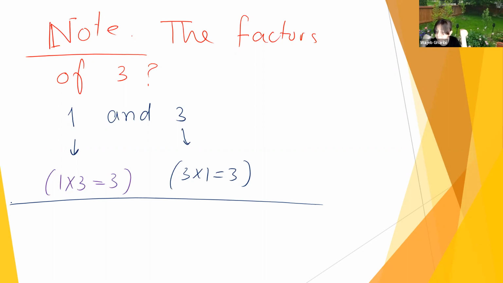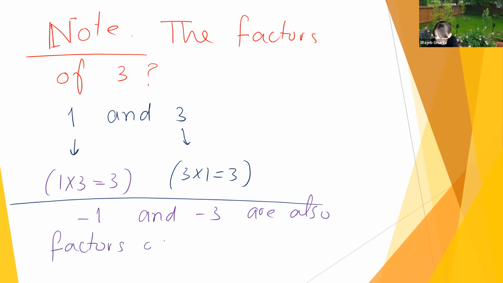How about -1 and -3, Maria? Yes, -1 and -3 are also factors of 3. Why? Because -1 times -3 equals +3. So when we say factors of 5, 1 and 5, and their negatives are also factors, because if you multiply them, you get the same number.